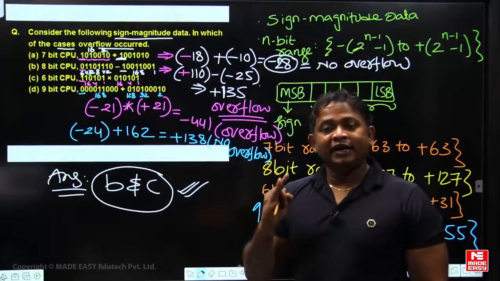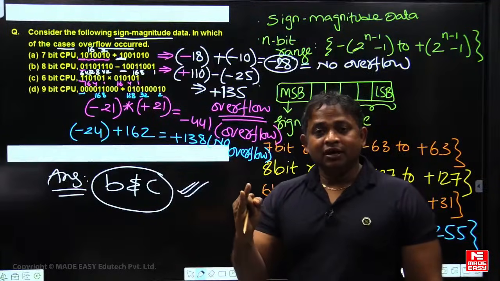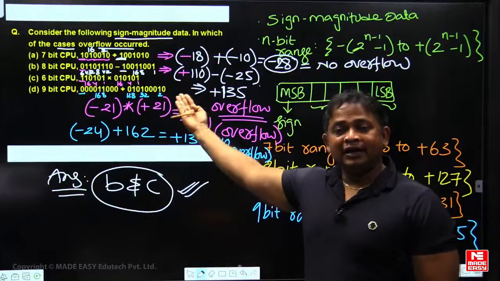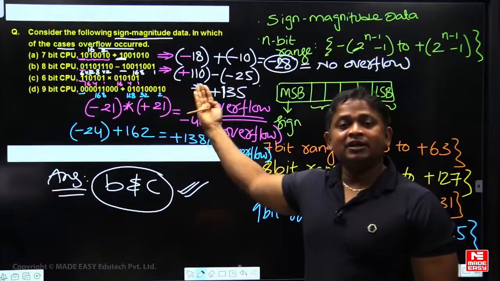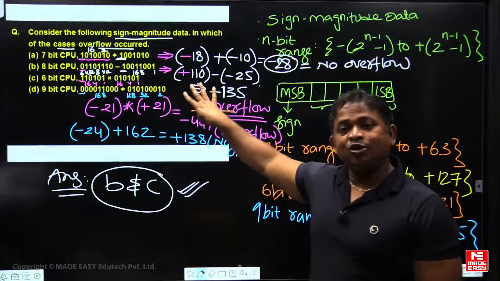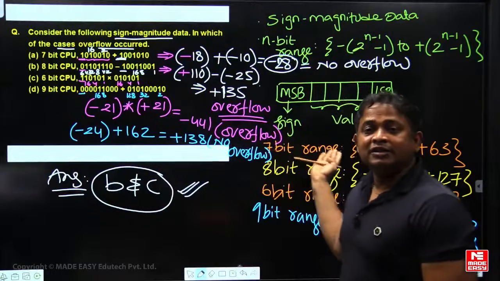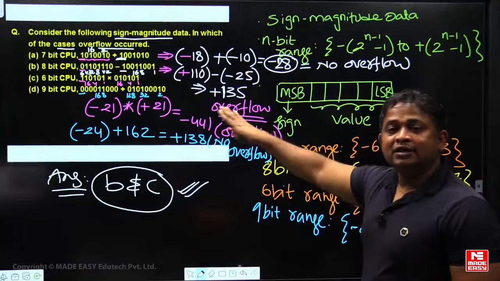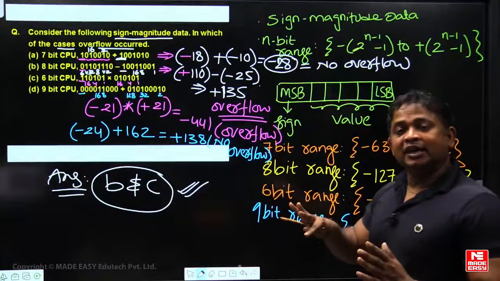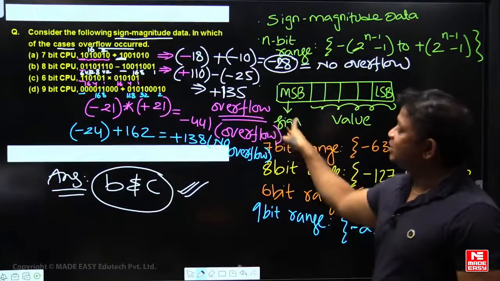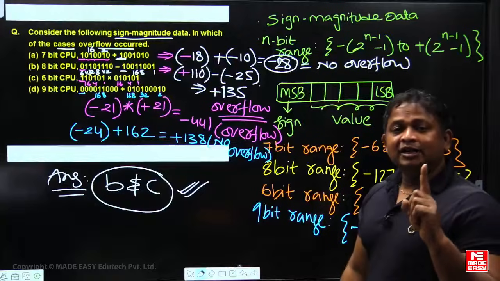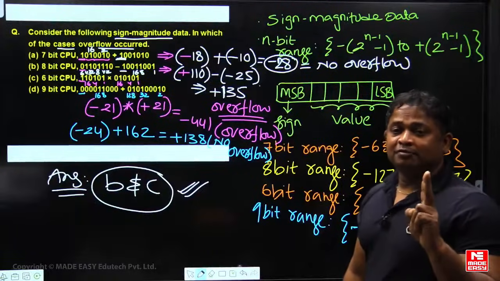So if you want to identify the overflow condition in sign magnitude and one's complement, you should take the given data, convert it into the equivalent decimal, do the assigned operation and compare with the result range. If the result is in range, there is no overflow. If the result is not in range, that is an overflow. That is the method.